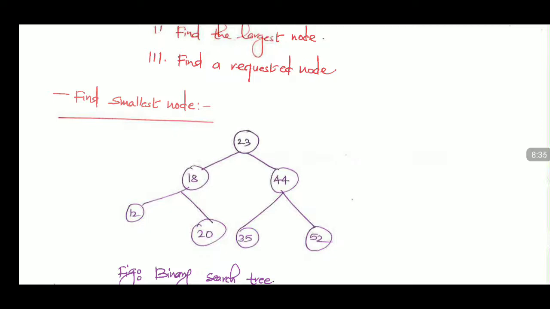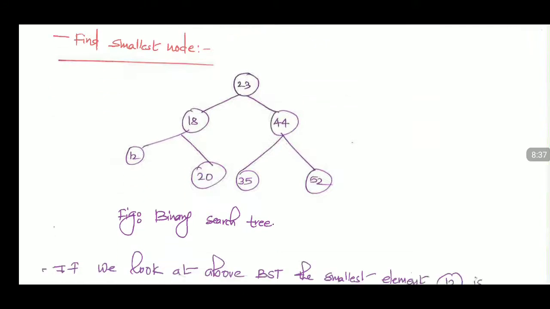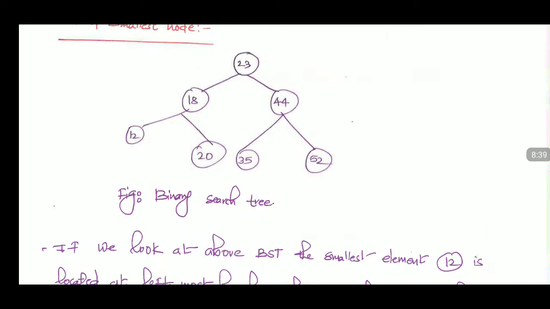So that is our smallest element. Now in this tree, which is rooted at 23, it is clear that 12 is the smallest element, and basically 12 is the leftmost element of that particular tree.